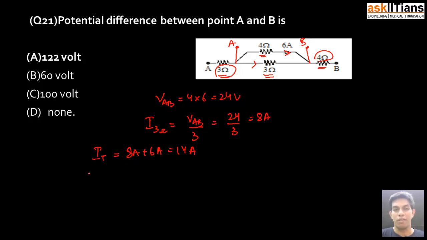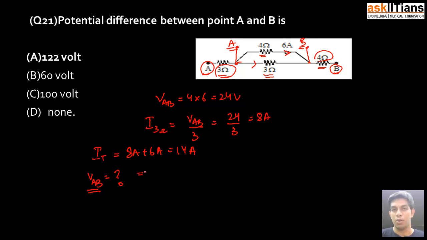Now my point of interest is this A and this B. Initially we used A and B for these 2 points, but in the question A and B are these 2. So right now we are dealing with this VAB, that's what's being asked.